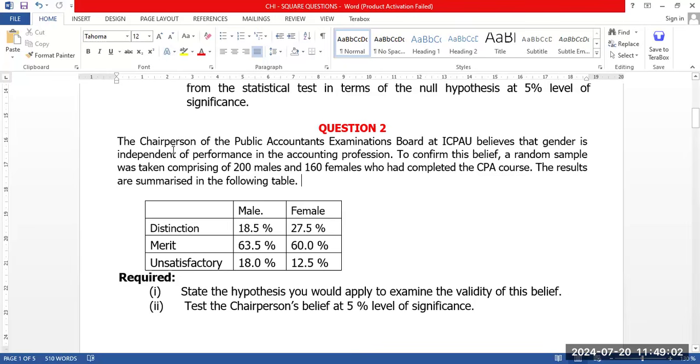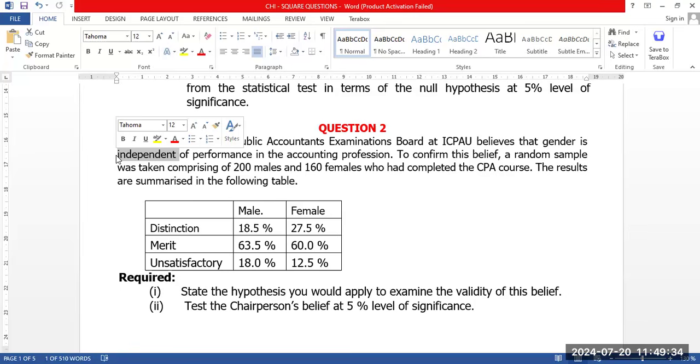If the word independent means that it does not necessarily mean that male or female perform better in the accounting profession. We don't actually rely on those things of gender. There are other factors that may actually result in this performance.